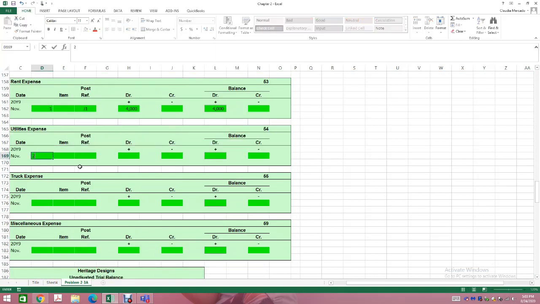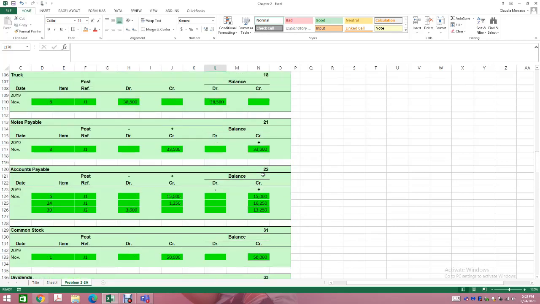Yay, we're almost done. Yeah, that happened on the 29th, and that happened on journal page 2. And we have our utilities expense, $4,500 debit, so we just transfer the balance over. If you had multiple utilities expense and they're all debits, you would just keep on adding them and keeping the balance here. Okay, and then we need to go back to utilities expense and enter account number 54.